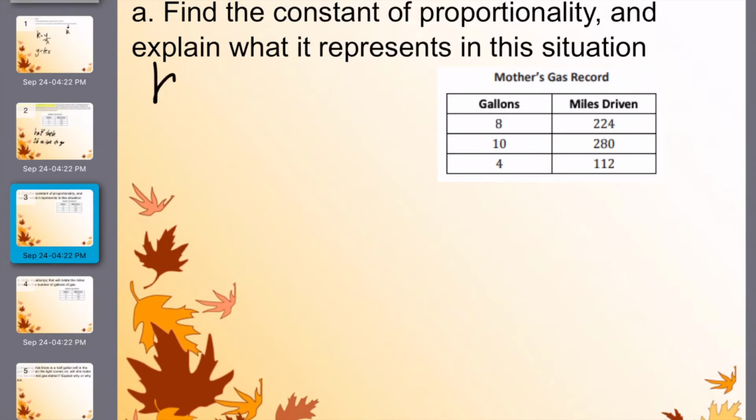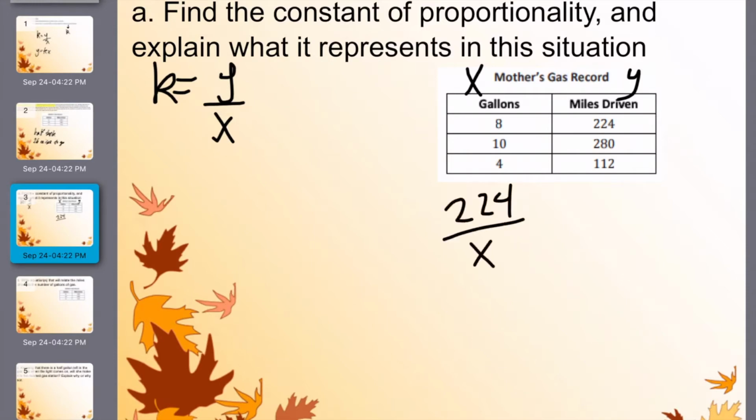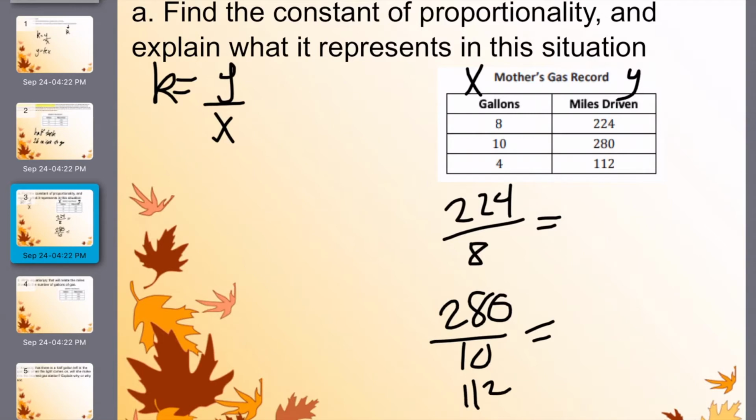I know that the constant of proportionality can be found by doing y divided by x. And in this case, my miles driven are my y values and my gallons are my x values. So all I have to do is 224 over 8, and I can see what that equals. I could also do 280 divided by 10, or 112 divided by 4.